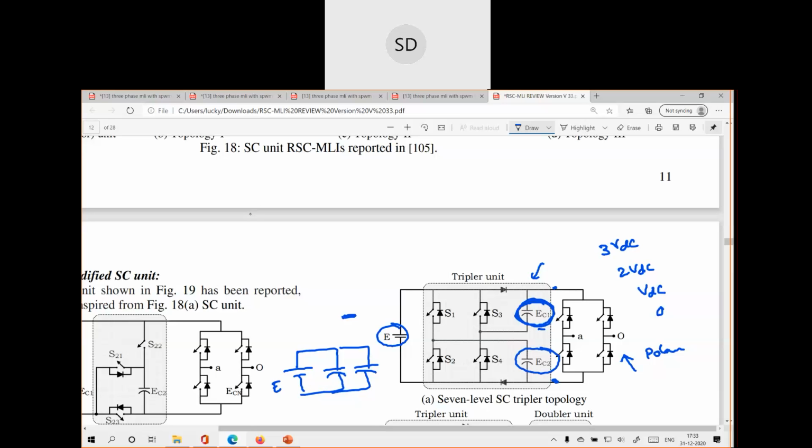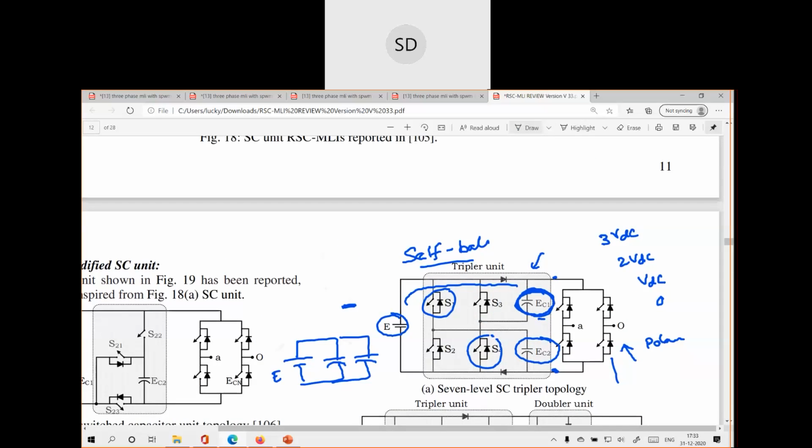The only way to recover capacitor voltages is to turn on the switches S1 and S4, so that the capacitors are recovered and the entire unit becomes self-balanced. This entire structure is self-balanced. Clear? So this is about one of these units.